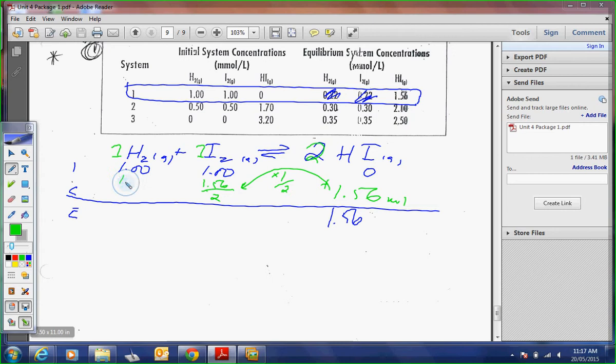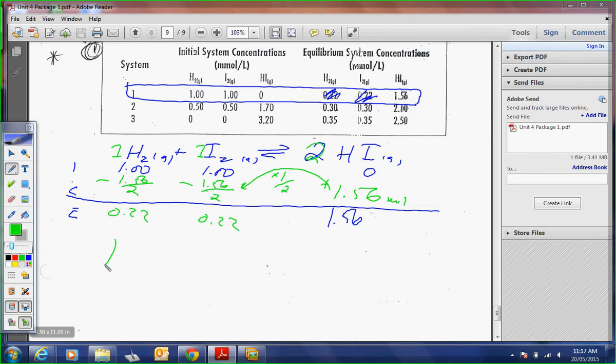And so this as well as 1.56 divided by 2, which I certainly hope is, once you finish subtracting these, you get 0.22 and 0.22. Is that true? 1.56 divided by 2 is 0.78, and 1 subtract 0.78 is 0.22. Okay?